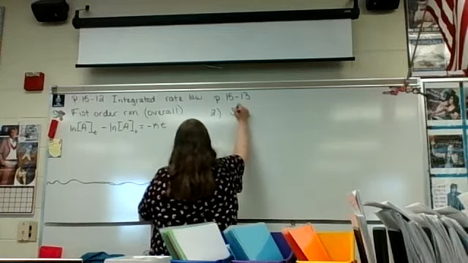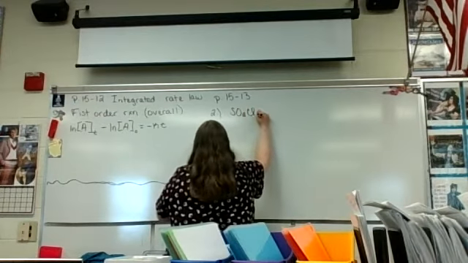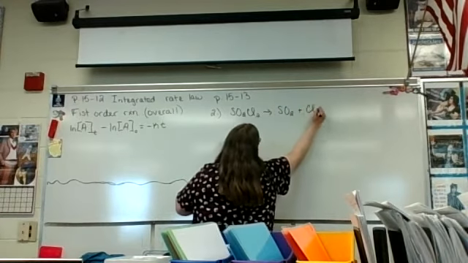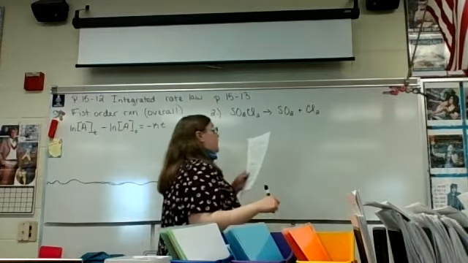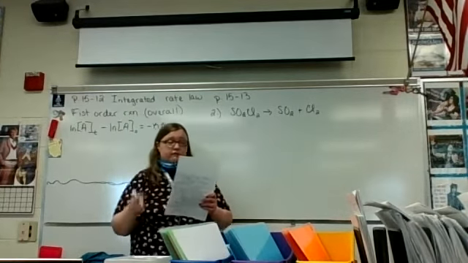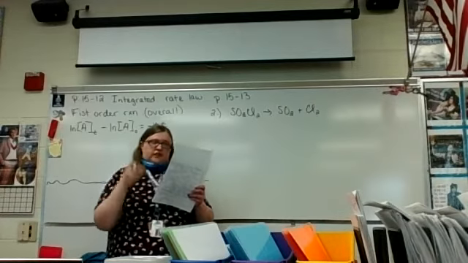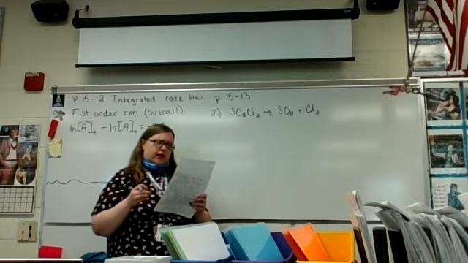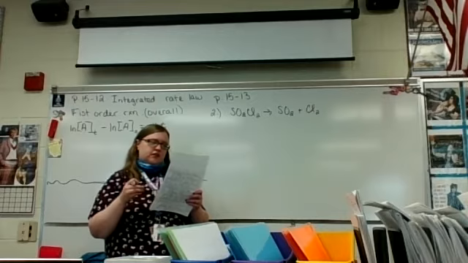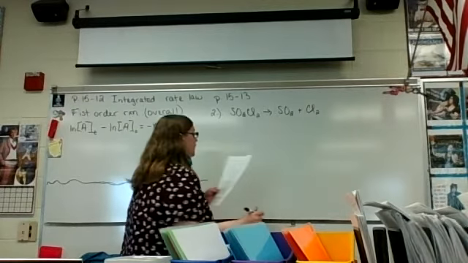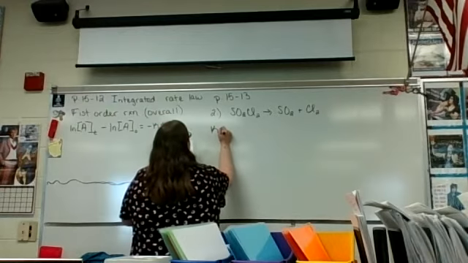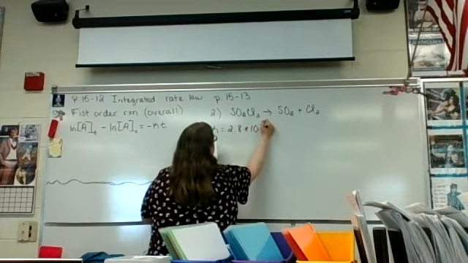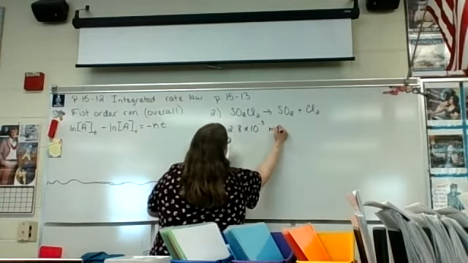We have SO2Cl2 yields SO2 plus Cl2. And it says the decomposition of SO2Cl2 is a first order reaction, given that chemical equation. The rate constant for the reaction is 2.8 times 10 to the negative 3 inverse minutes. So the rate constant, that's k, is 2.8 times 10 to the negative 3 inverse minutes.